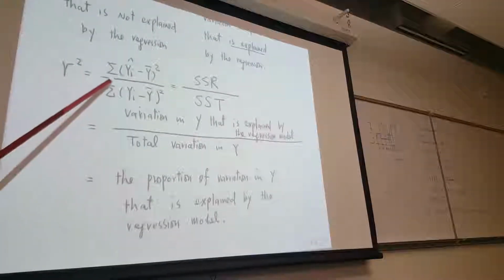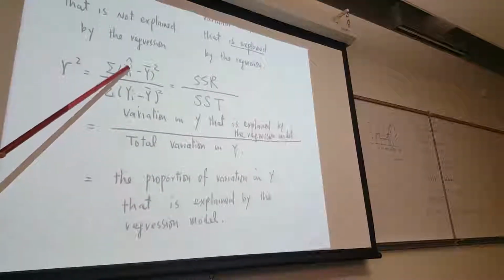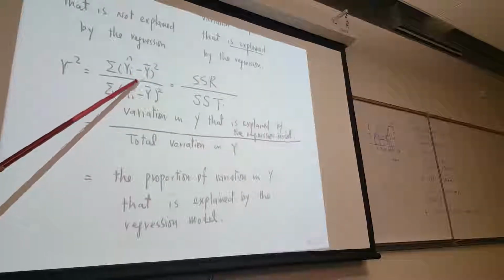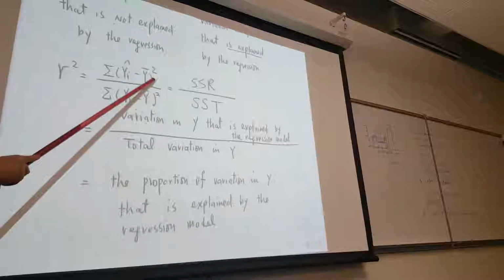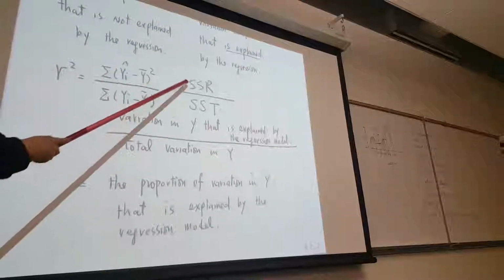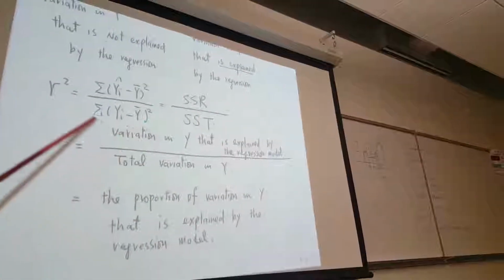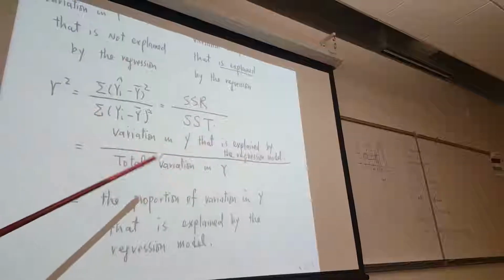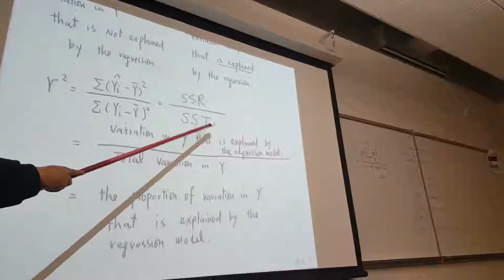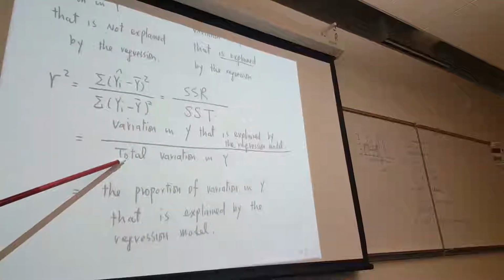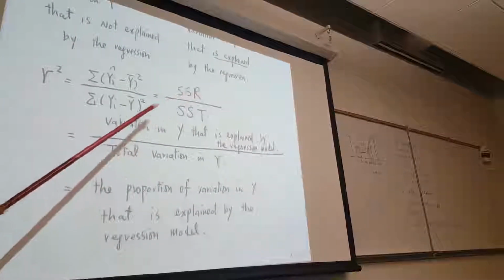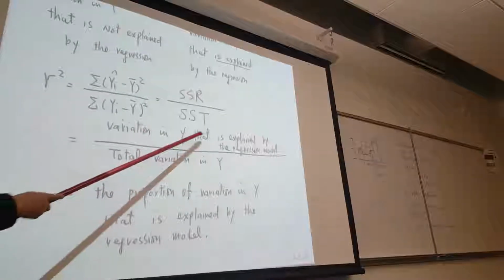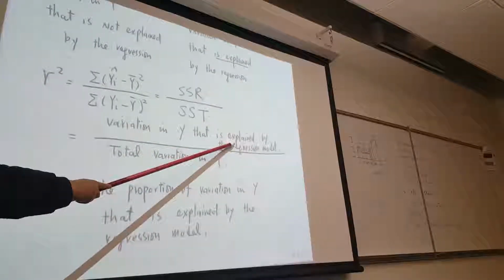R squared is equal to summation yi hat minus y bar squared divided by summation yi minus y bar squared. This term is what we call SSR. This term is what we call SST. Now, SST is in the denominator. It describes the total variation in y. SSR is the variation in y that is explained by a regression model.